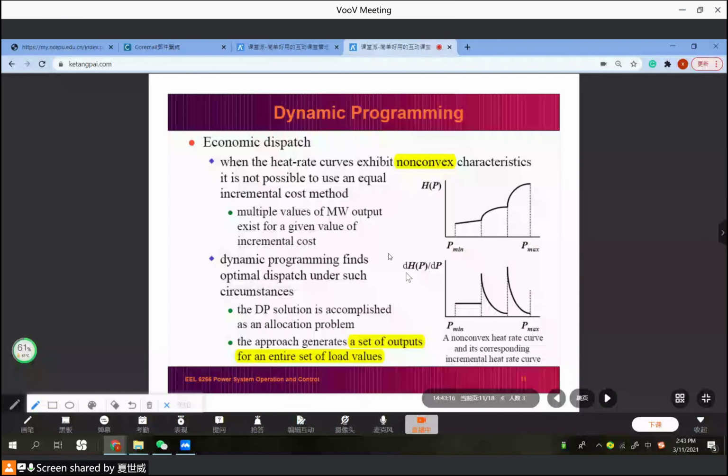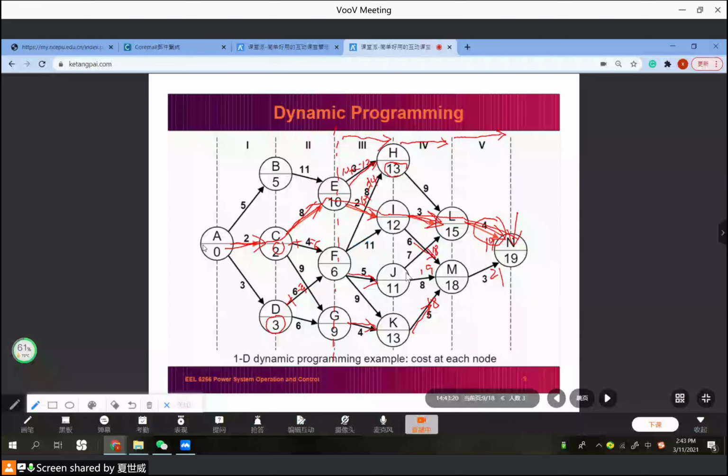So during this procedure, you found that we don't use the derivatives. As I mentioned earlier, for the lambda iteration method or the Newton method or the gradient-based method, we always have to calculate the first order derivative.